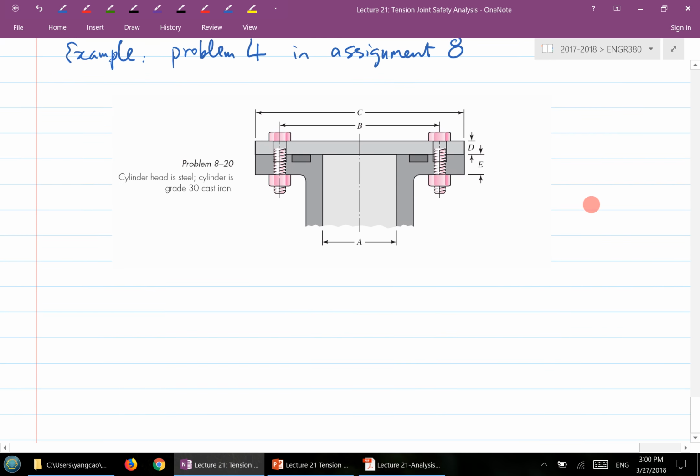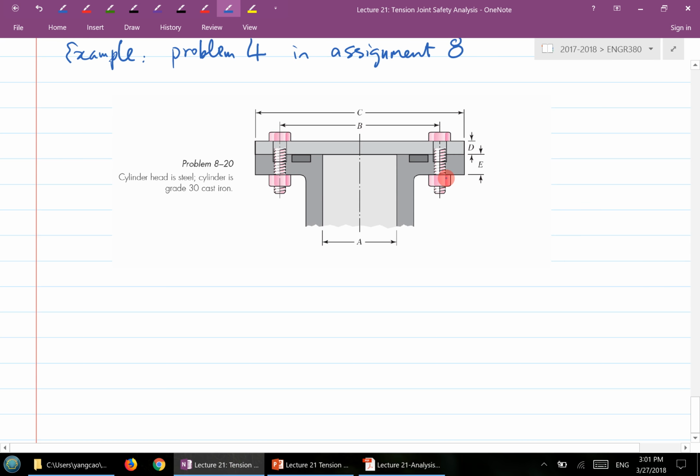So here are a number of given conditions. Basically, you're using bolts and clamping this pressure vessel right here. The cylinder head is steel, and the cylinder is grade 30 cast iron. So there are two members right here. I think this question has no washers, underneath the head or above the nut.